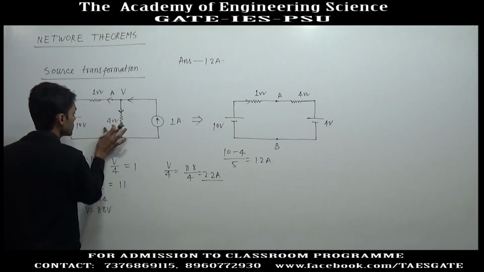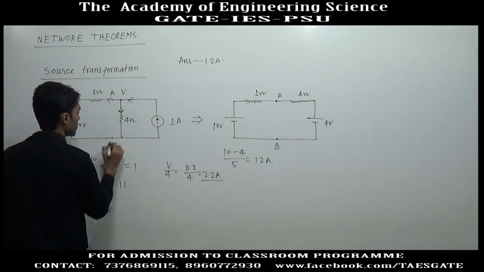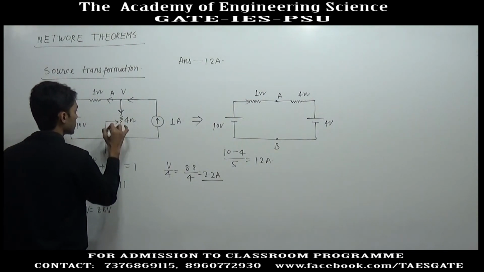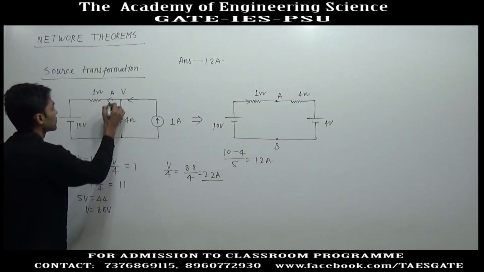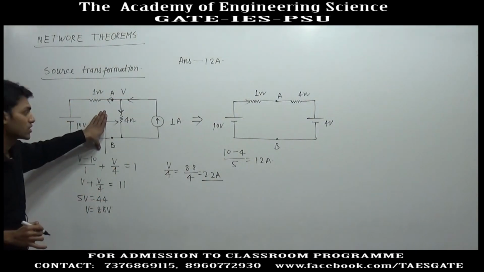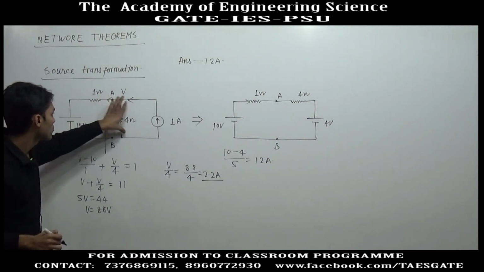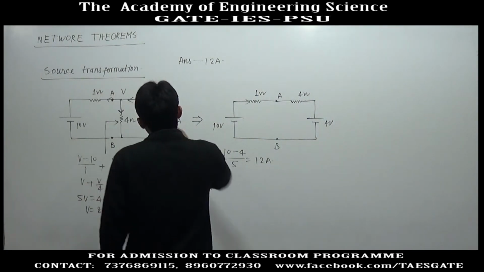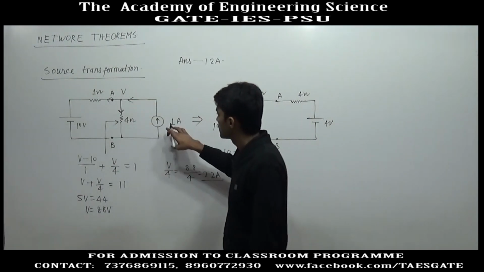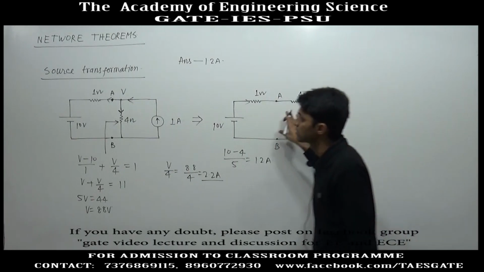The wrong part was that you applied a source transformation to the right of points A and B. So while applying a transformation to the right of points A and B, no part of this circuit can be seen in the transformed circuit.